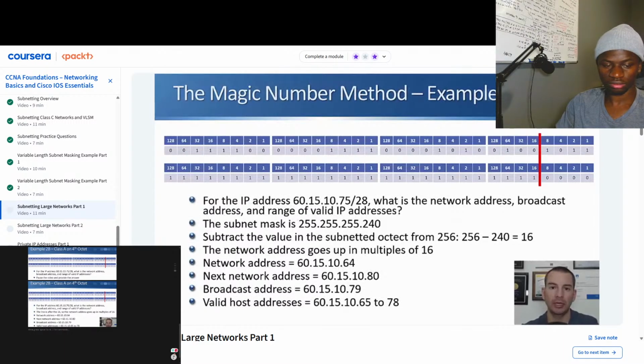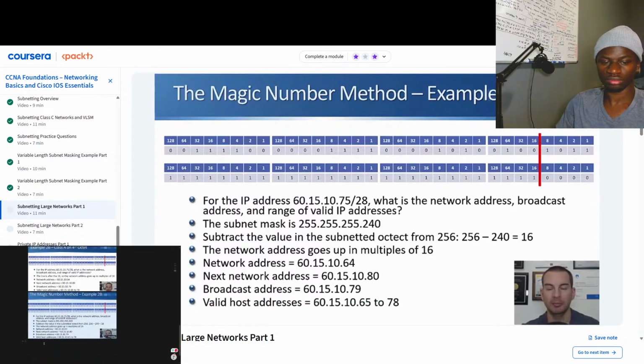Another way you can do it is by using the magic number, and this is a way you can do it quite quickly in your head, especially if you were given the subnet mask in dotted decimal notation rather than in slash notation. But even if you have been given it in slash notation, you can still do it this way. You'll just need to convert it to dotted decimal first.